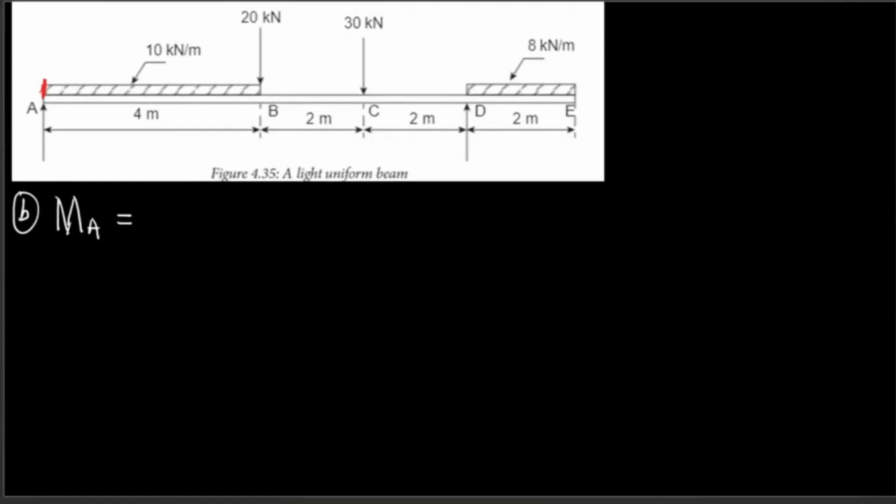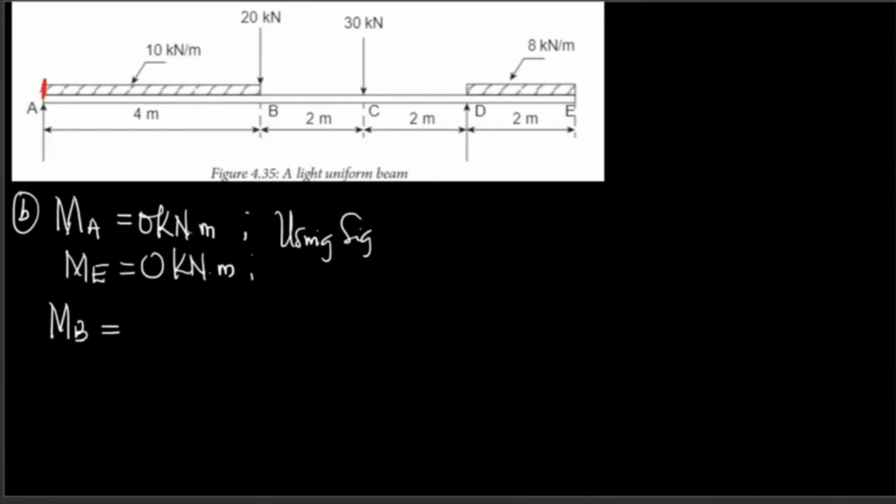The bending moment at the far right end is equals to 0 kilonewton meters. The same thing as bending moment at E, also 0 kilonewton meters, because they are at the tip there.